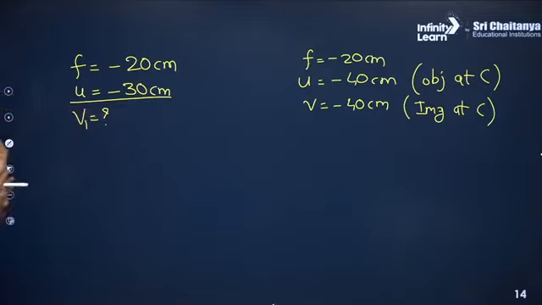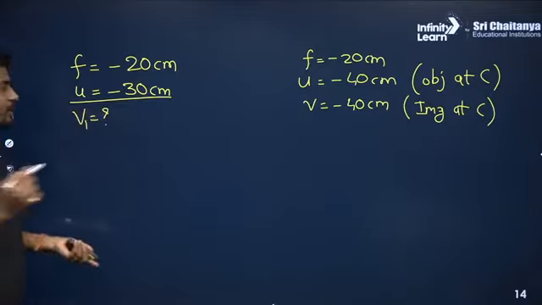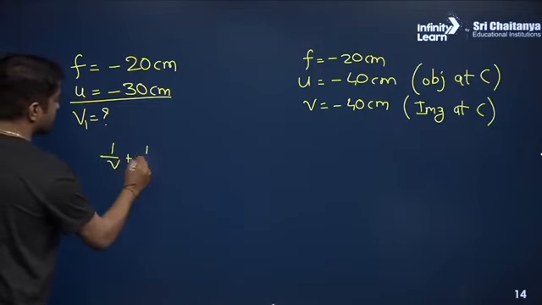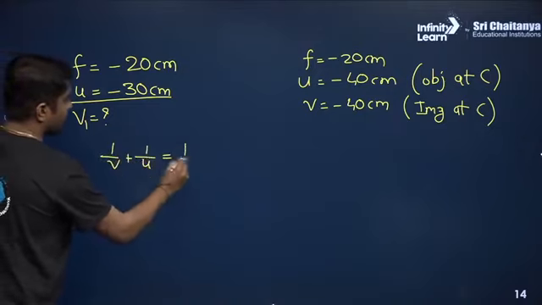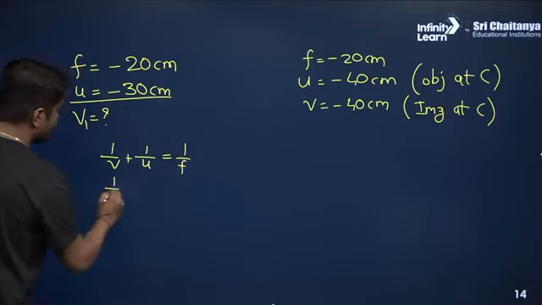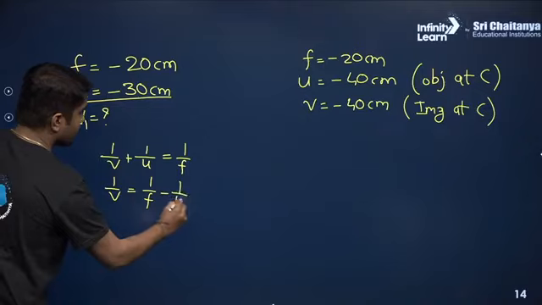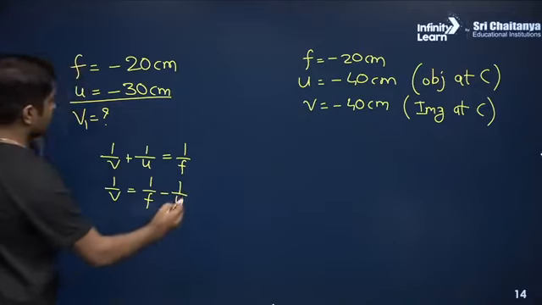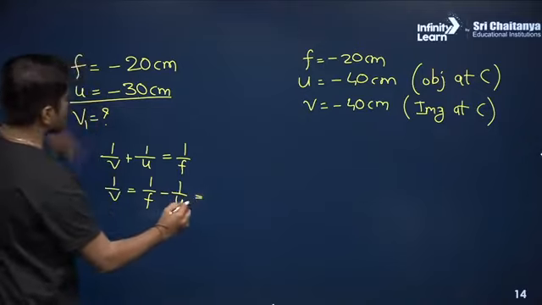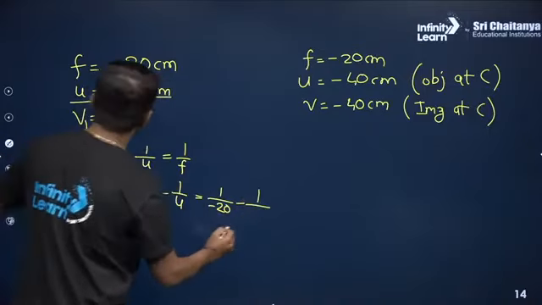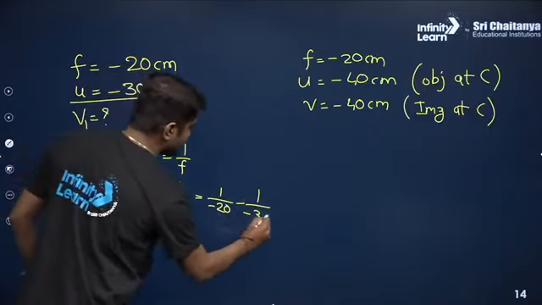Correct? We know this. So for this, we need to calculate the V. So how will you calculate the V? We know the mirror formula or mirror equation, which is 1 by V plus 1 by U is equal to 1 by F. So 1 by V is 1 by F minus 1 by U. So substitute the values. What is F? F is minus 20. So 1 by minus 20 minus 1 by U, which is minus 30.